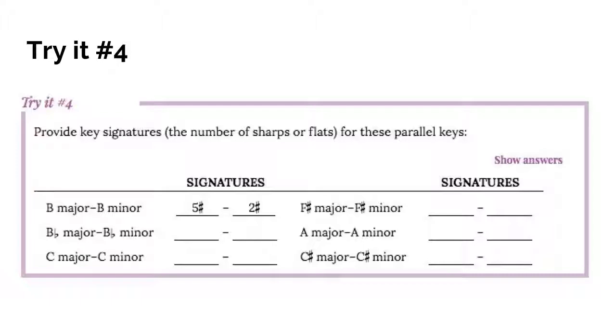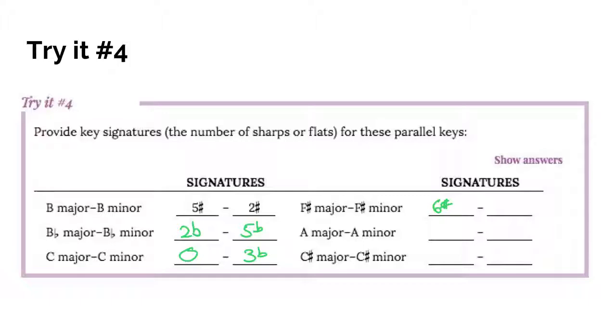All right, let's look at Try It number 4. We have B flat major, which is 2 flats, B flat minor, which is 5 flats, because its relative major is D flat. So we have C major, which is 0 sharps or flats. C minor, whose relative major is E flat, so that is 3 flats. So we have F sharp major, which is 6 sharps, wonderful key.